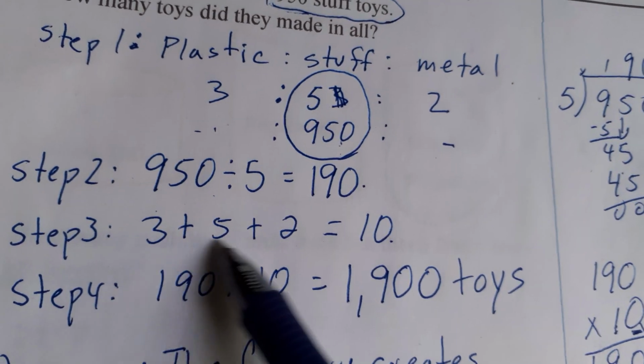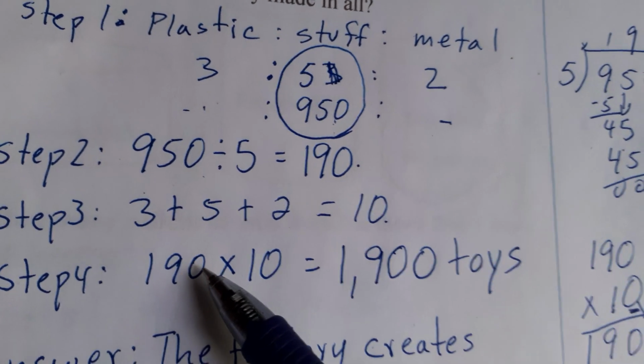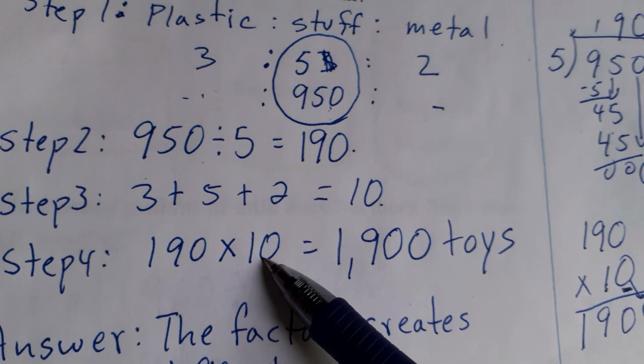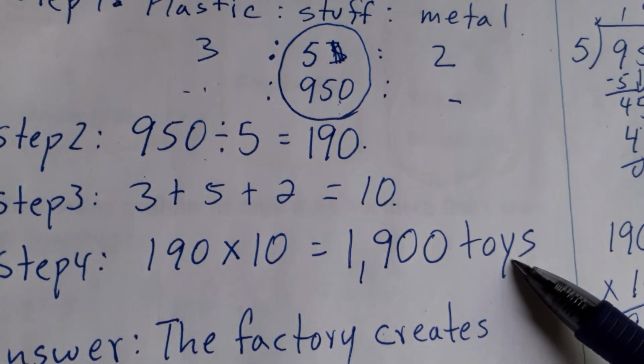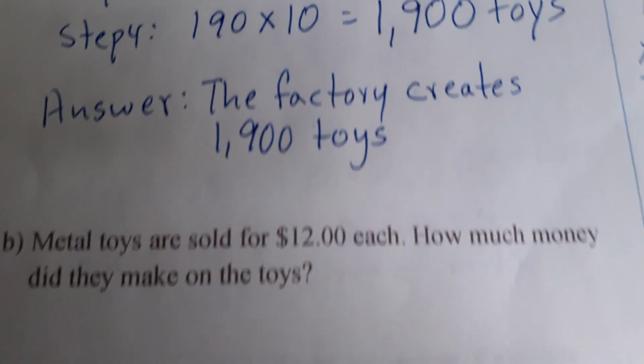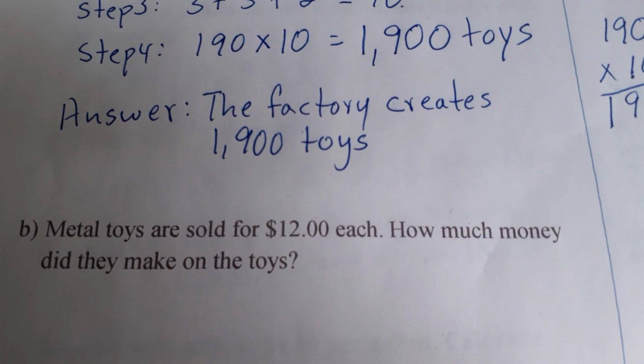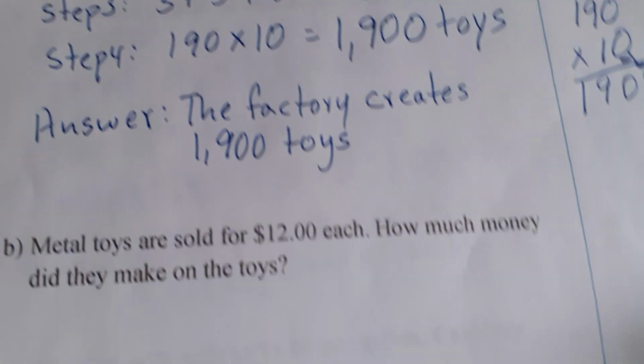Step 3, we add the ratios. Step 4, multiply the rate by the sum, and that gives us the total amount of toys, and then we write the answer.